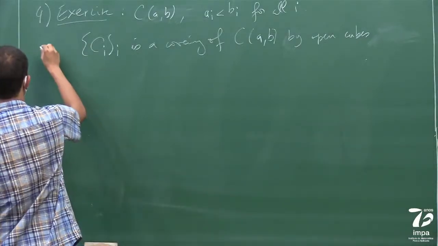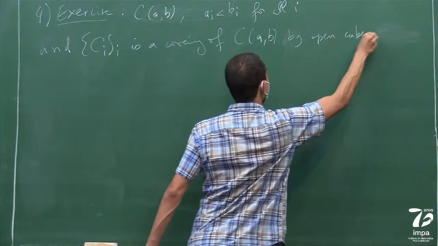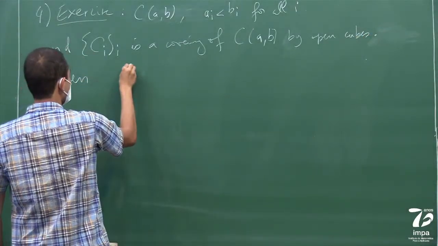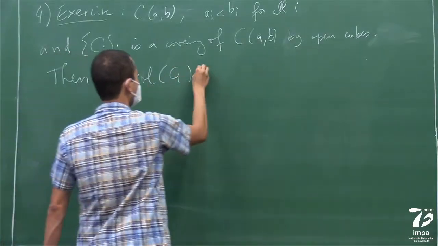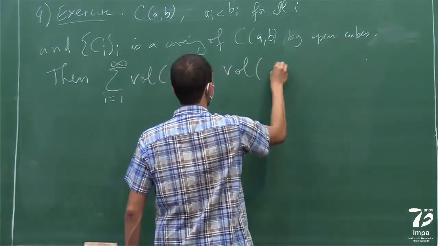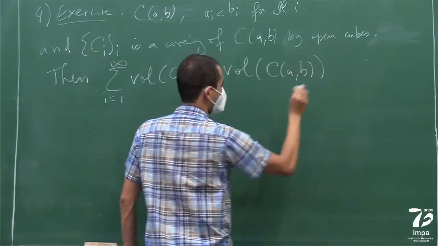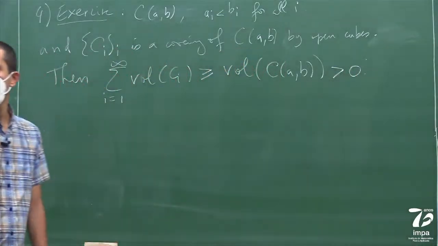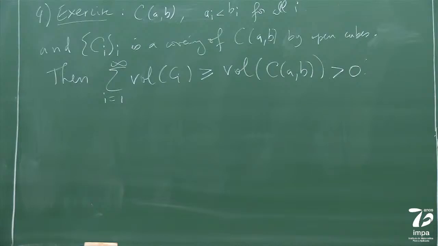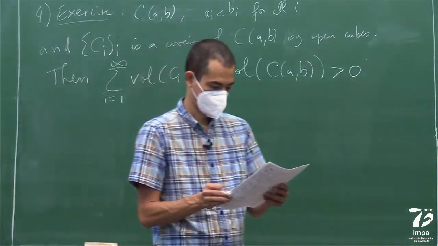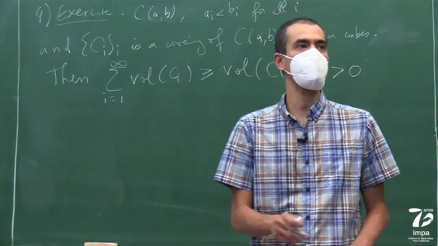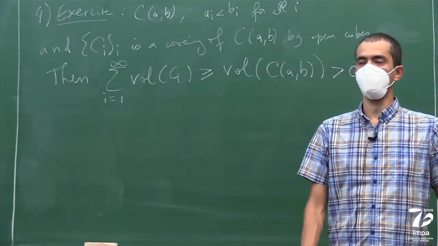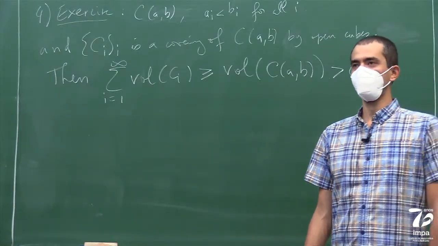If this is an open covering, then the total volume of these is bigger than or equal to the volume of C of AB, which is bigger than 0. Okay, so this cannot be as small as you want. So this is a nice little exercise. Any questions about this? This is kind of beginning introductory measure theory, but I think it's good to be on the same page.